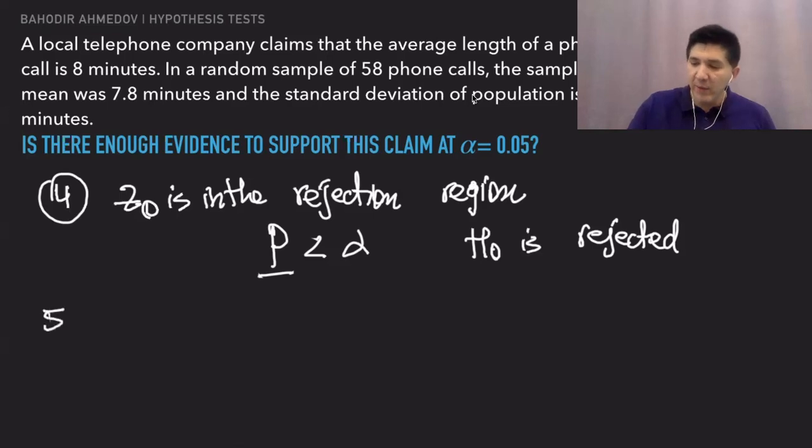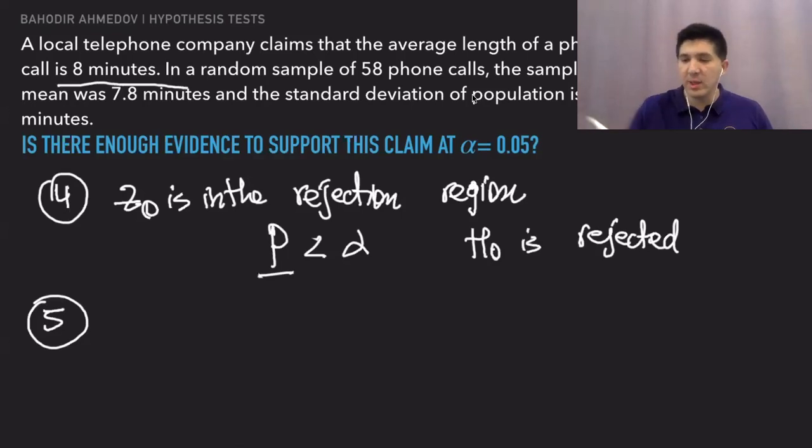In step number 5, we have to write down our proper conclusions. If you remember, our claim was the null hypothesis, right? It tells you that the mean is equal to 8 minutes.